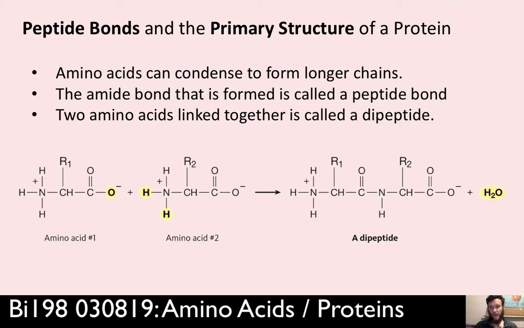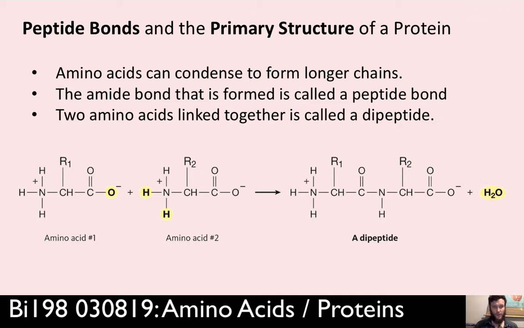And the way they do that is through what's called a condensation reaction, where one end of the amino acid, the amino group, gets protonated. It acts as a base and accepts a proton, and the carboxylic acid end acts as an acid and donates its proton, so it has a negative charge on it as a carboxylate group.